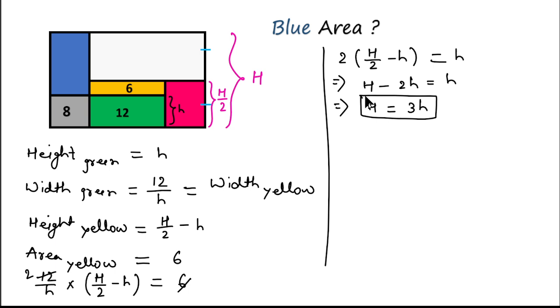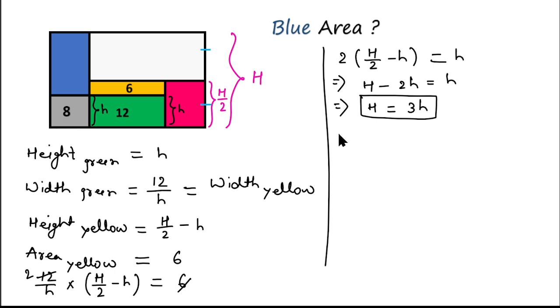Now for the gray rectangle, you can see the height will be what? The same as this, the green, so this will also be small h. Then what will be the width of this gray rectangle actually?